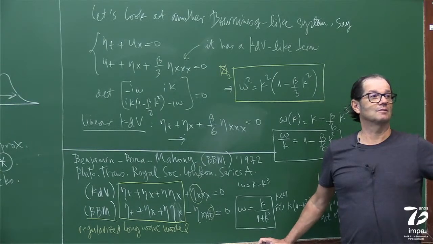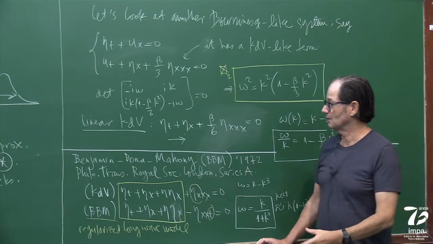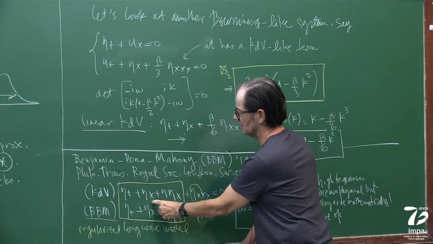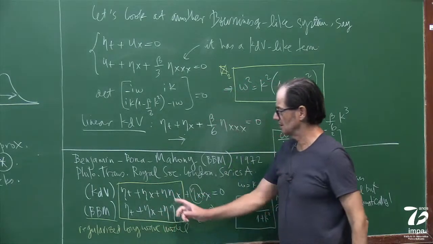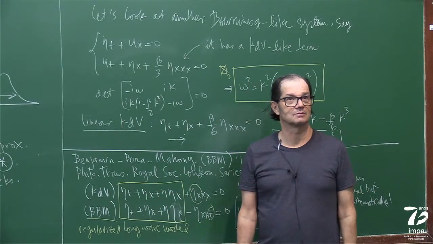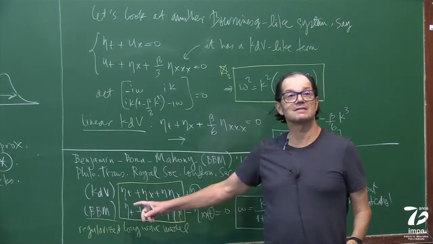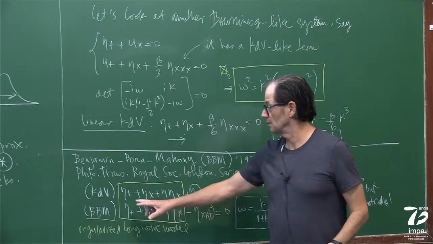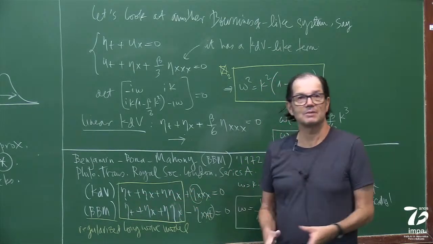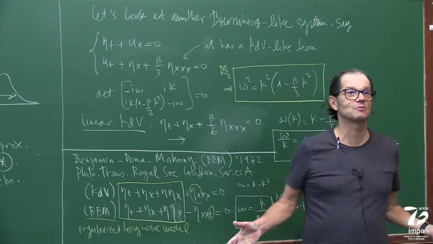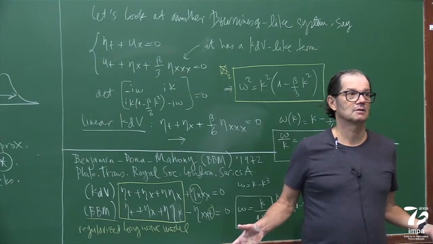Just give me one name. Well, look, this term is just a translation, a linear term, so erase this. This is Burgers' equation, with this linear advection. If I put myself into a moving frame, this term disappears and I get basically Burgers' equation.